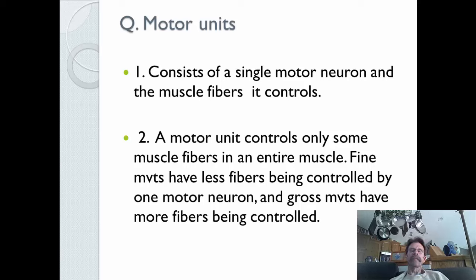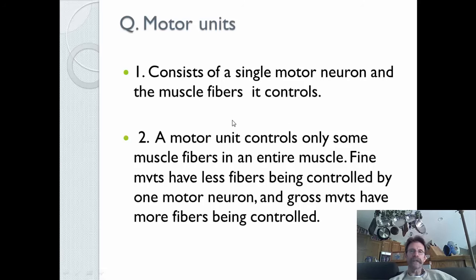All right, now let's take a look at a motor unit, because even if one muscle fiber, or even 5 muscle fibers, can contract and shorten, I don't think that's going to cause the whole muscle to shorten. So motor units are going to be the single motor neuron like we saw, and all the muscle fibers that it controls.